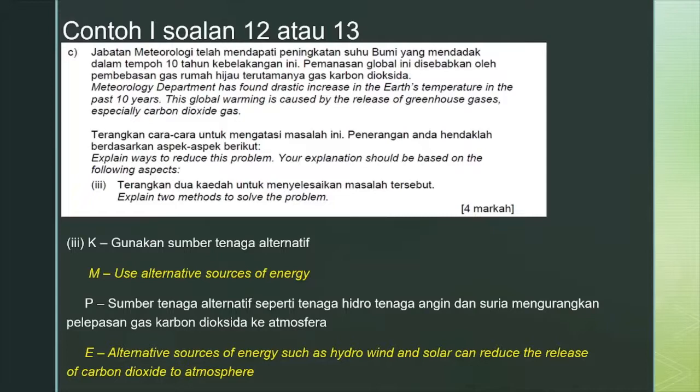Itu adalah penerangan kepada kaedah yang kita gunakan, iaitu sumber tenaga alternatif. Alright, and the explanation of the method is alternative sources of energy such as hydro, wind and solar can reduce the release of carbon dioxide to atmosphere. Right?